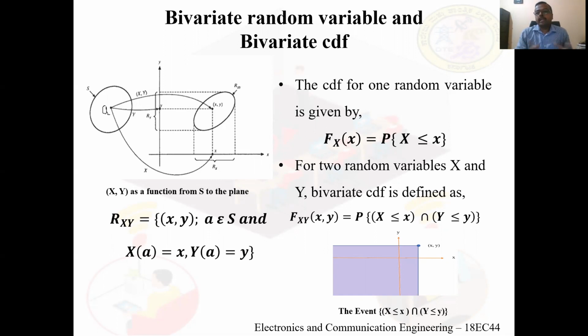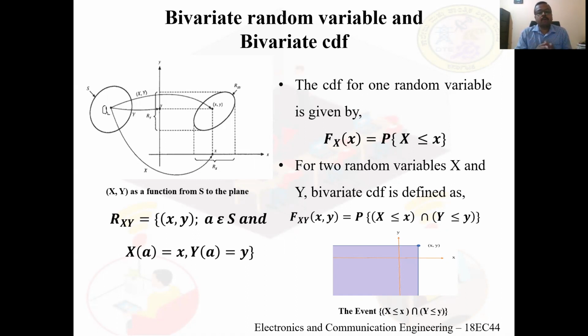Now, what could be the examples for bivariate random variable? The first example could be like, consider the input to the system at time t1, which is a random variable X, and output from the system at time t2, which is a random variable Y. Then these two random variables X and Y are called a bivariate random variable.